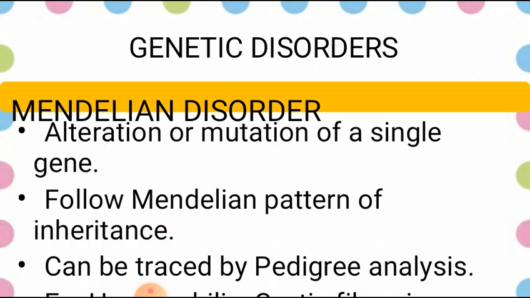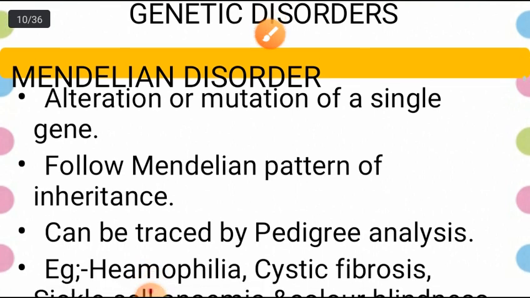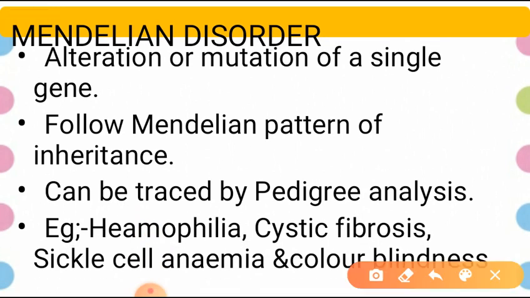And these disorders can be easily identified by pedigree analysis. So what is a pedigree analysis? It is a tool to find out how far the characters are moving from parent to offspring in a human family.